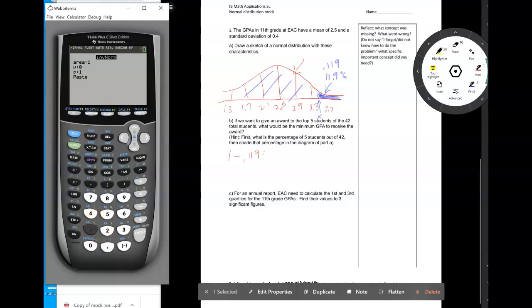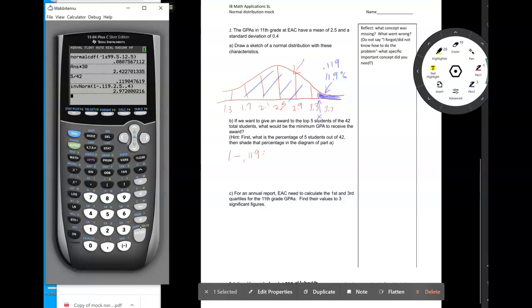You can actually write 1 minus 0.119 in the field, and the calculator will do it for you. And then I'm going to put 2.5 for the mean, and 0.4 for the standard deviation, and then paste.